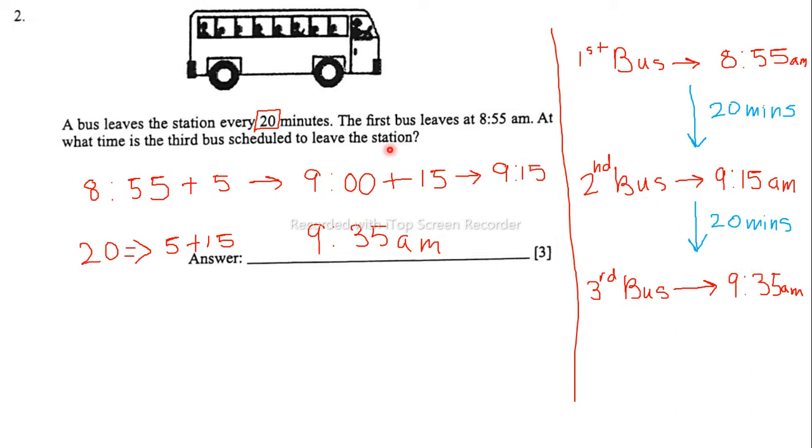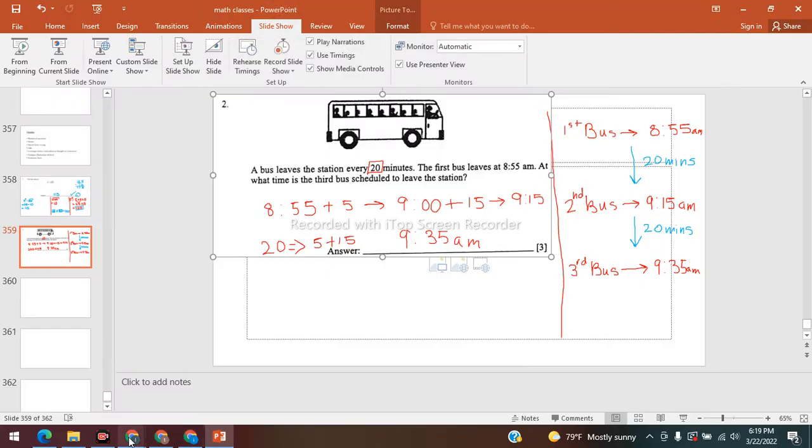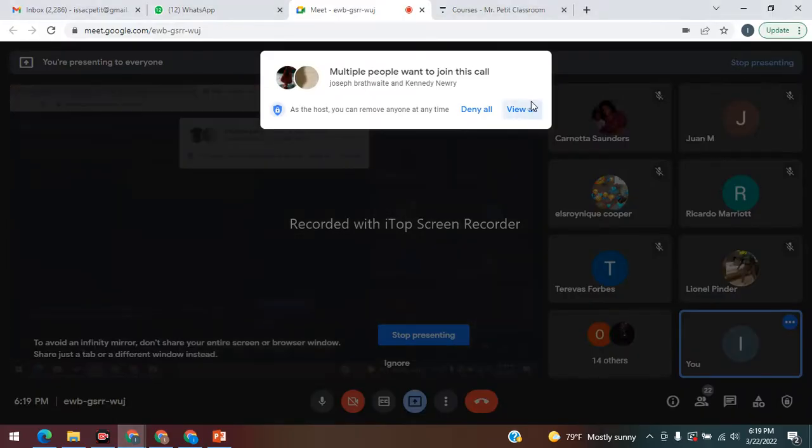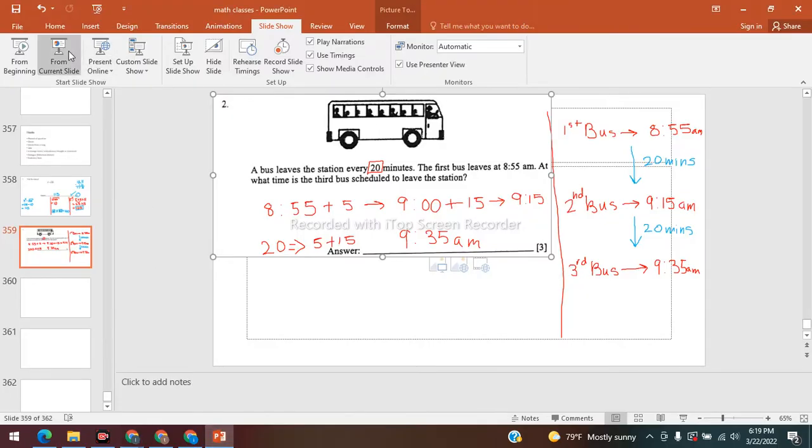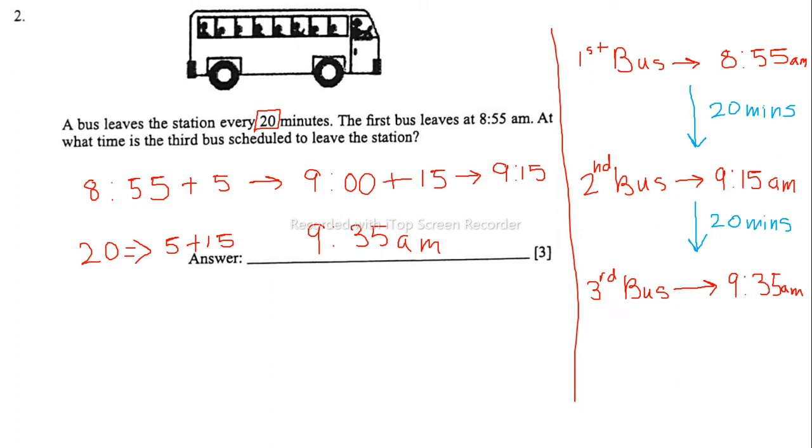So write down the question for me, write down the working that I provided, and send the picture for me. Thank you, Ms. Reckley, for sending it already. Just waiting on the others to send as well. Let me know when I can move it.